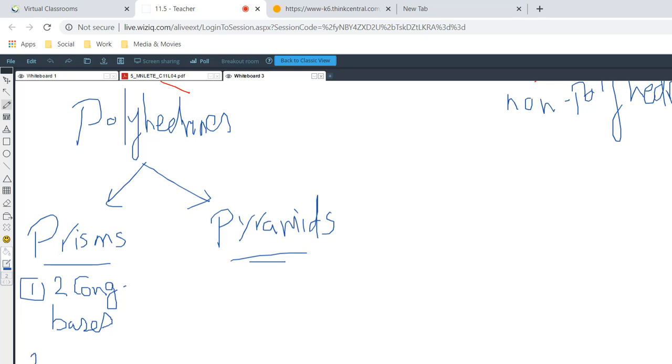Then the second difference is that the lateral faces are rectangles.